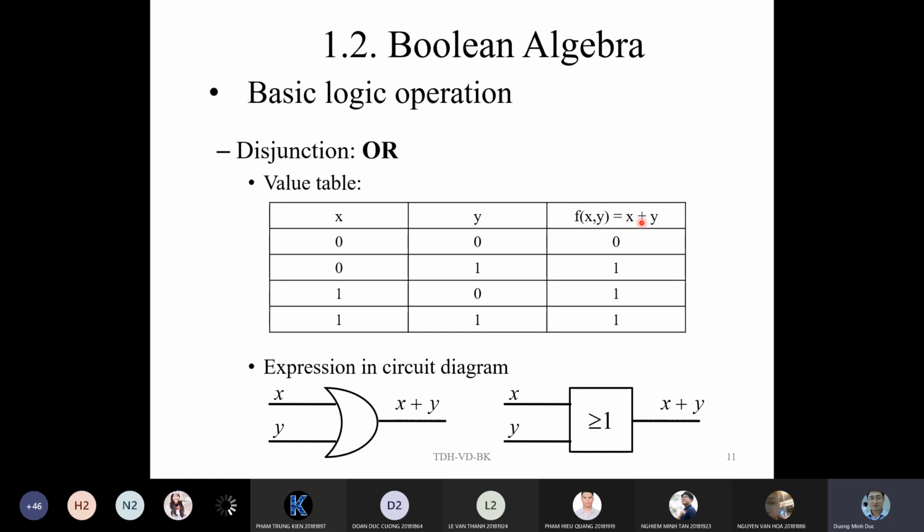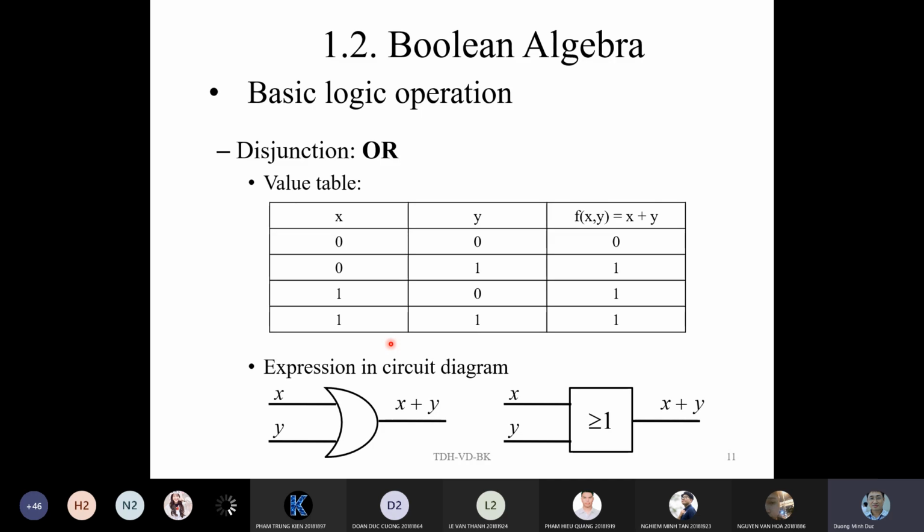With two variables, each variable can obtain two values, so we have four cases. The first case is both variables equal 0. The second and third cases are one variable equal 0 and the other equal 1, and the last case is both variables equal 1.